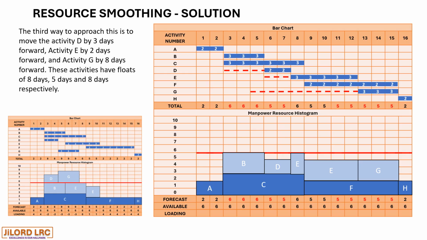So this is another way of drawing the resource histogram. And once this is done, you would have saved the company money for not going to look for more resources to cater for the resource overload.